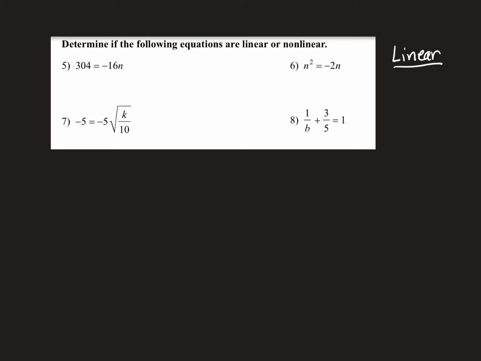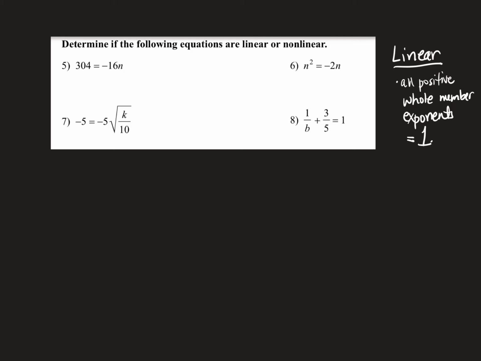To be linear, you have to have all positive whole number exponents equal to 1. So if you have any exponent that's greater than 1, it's not linear. If you have any exponent that's in the denominator, it's not linear. So let's go through these so we can talk about them.